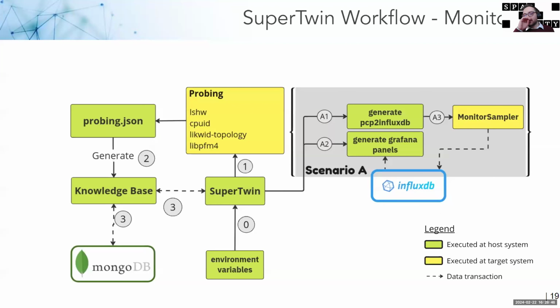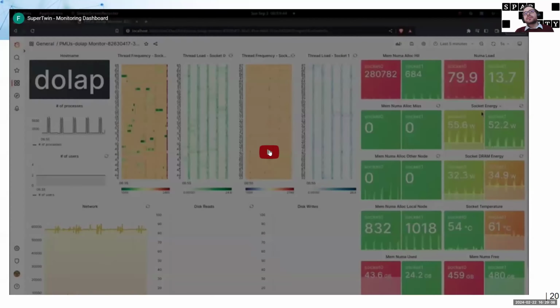While doing this, we are using InfluxDB to push the time series data. We are acquiring the target system and correlating the data we collected in InfluxDB with MongoDB, again with the parameters added to the knowledge base.